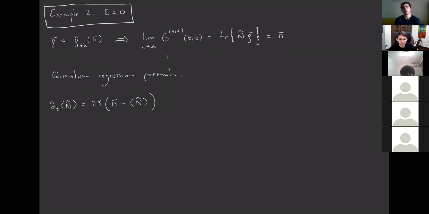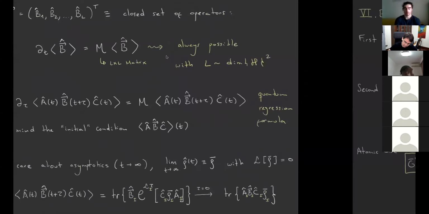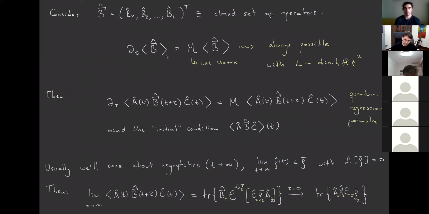So the number operator forms a closed set almost by itself, because the form in which we have written the closed system equations, I remind you in here, is purely linear, so we don't have a constant term.